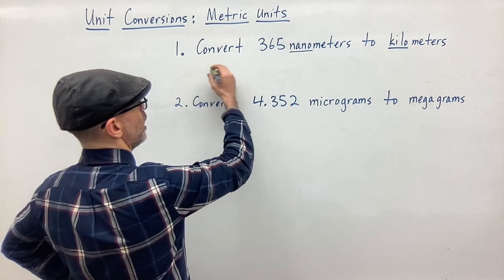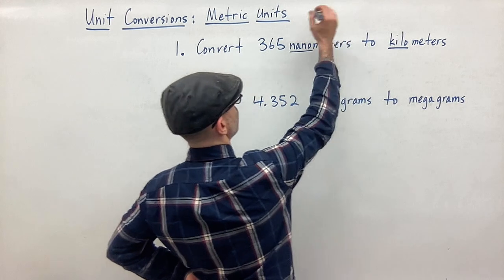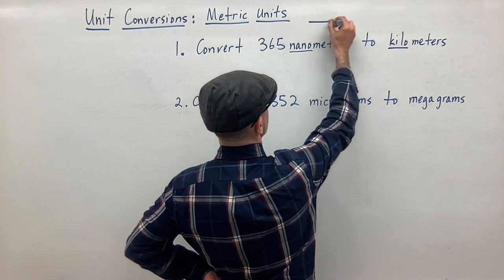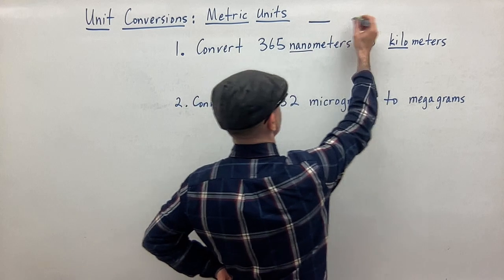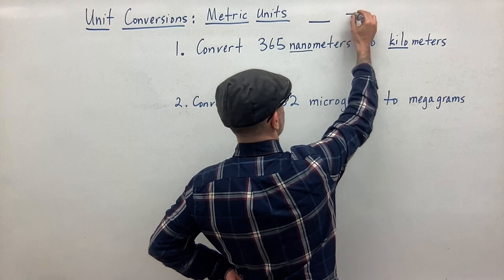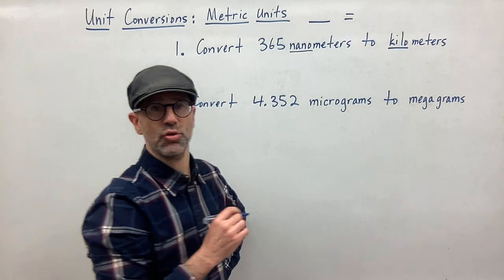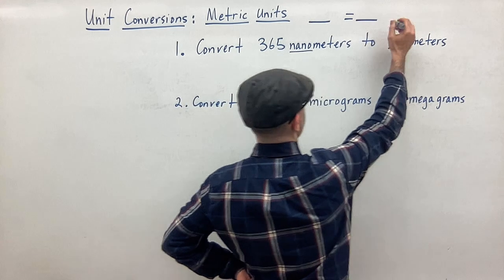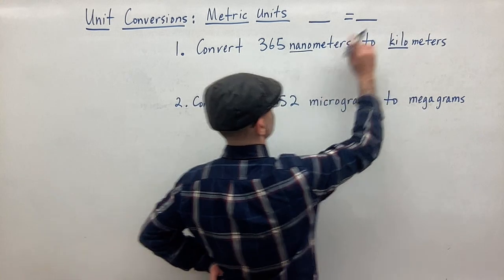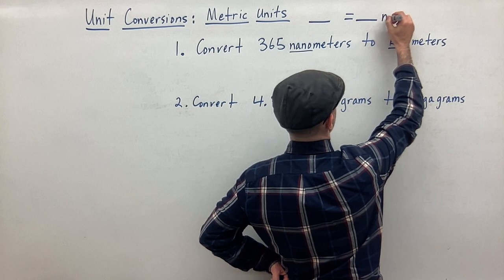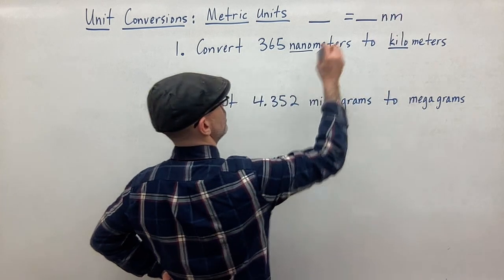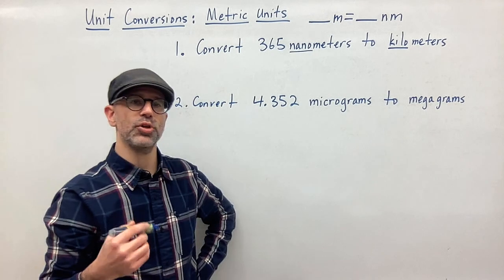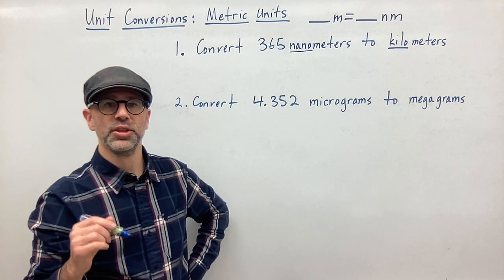So here, I'll write it up here. If I know the prefix multipliers, then the way I set it up, as I've shown in my other video, is I set the equality between the base unit and the unit that has a prefix. So here I have the unit with the prefix. Let's start with nanometer. Here's nanometer, and there's meter. I always put the 1 on the side with the prefix.